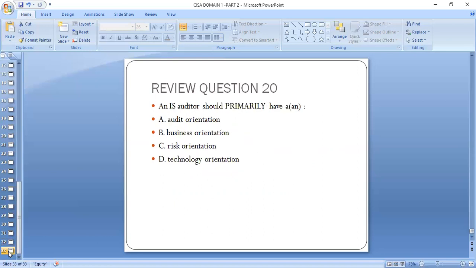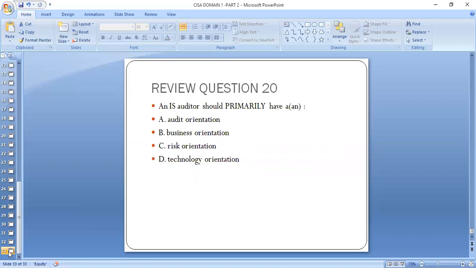Okay, an IS auditor should primarily have: A, an audit orientation. B, business orientation. C, risk orientation. D, technology orientation. I like this question, and there have always been debates when I raise it, right?